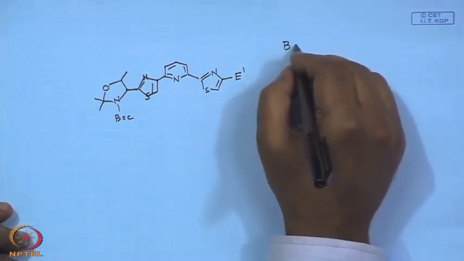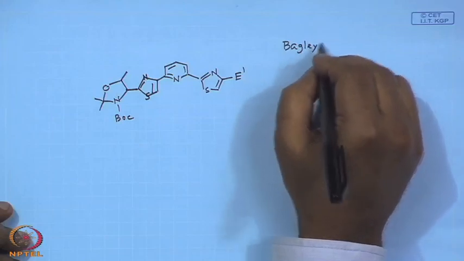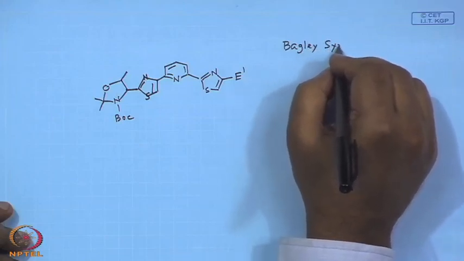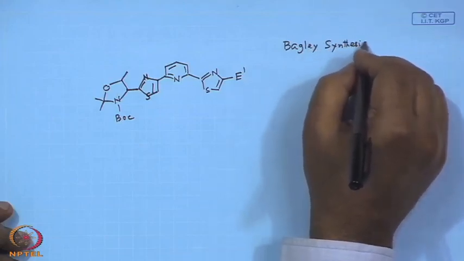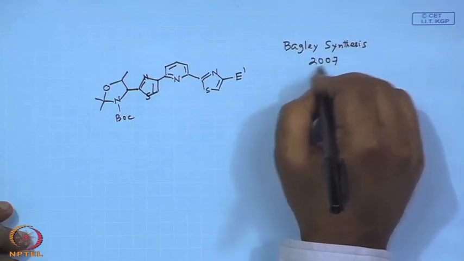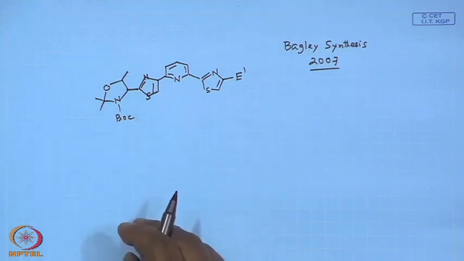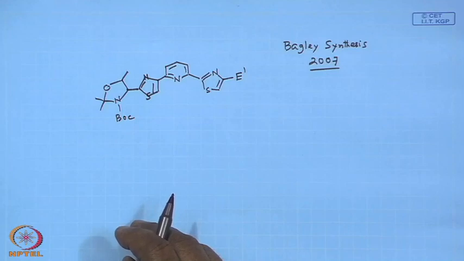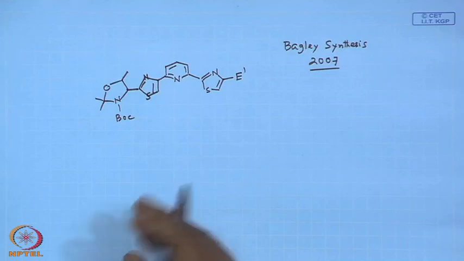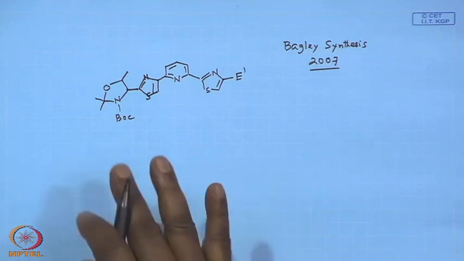This is Bagley's synthesis, I would say, and it has been published in 2007, but what we are concerned about is the structure, how to make this 2,5-disubstituted pyridine. Obviously, the obvious option should be you take this enamine, we go back to the Hantzsch synthesis, but the authors have preferred this Bohlmann synthesis.